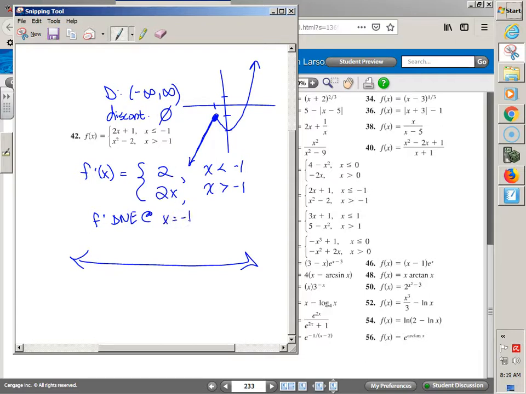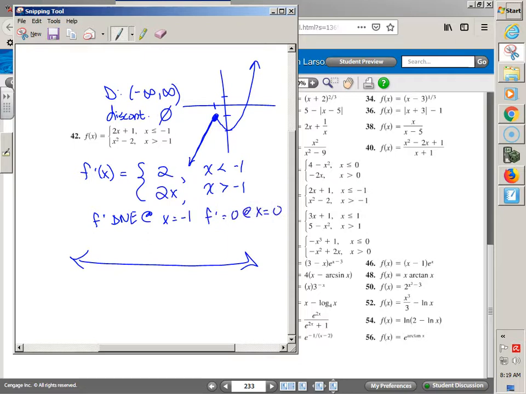We're not just looking for DNEs, we're also looking for critical numbers, the zeros. Set 2 equal to 0. Doesn't happen. Okay, fine. Set 2x equal to 0. That'll happen if x equals 0. Is 0 allowed in this interval? Yeah. Okay, cool. So I also have f prime equals 0 at 0.